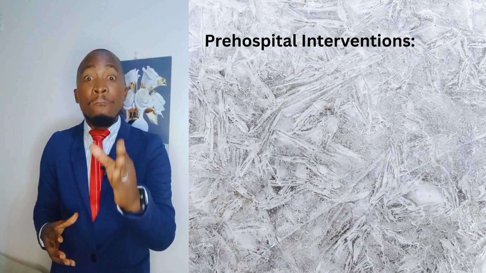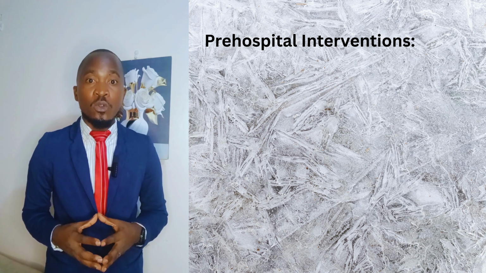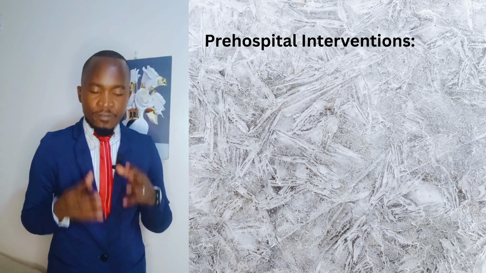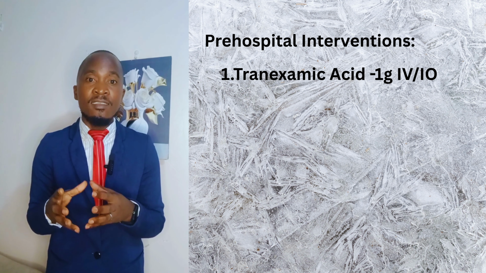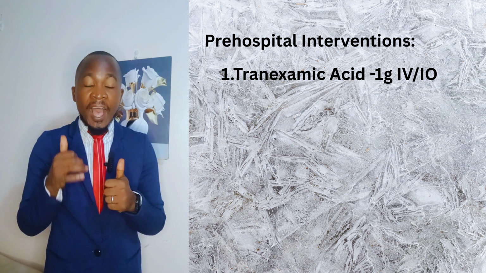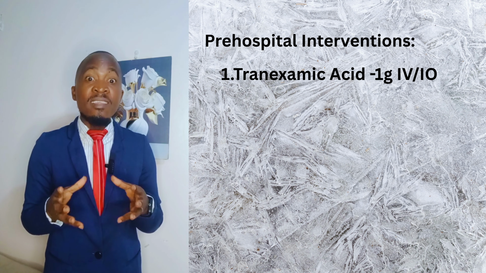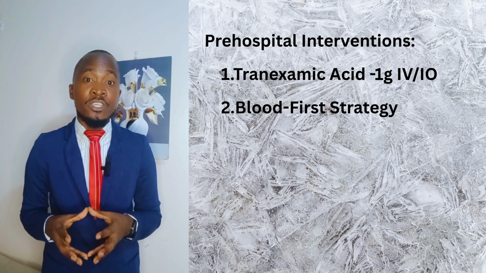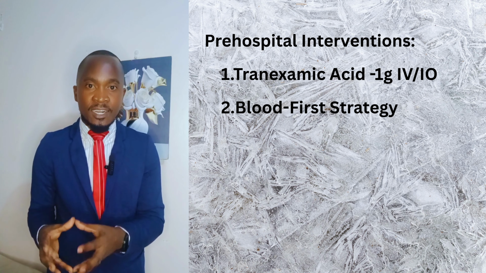What are the recommended options that you have in the pre-hospital setting? One of the first strategies to fight this is to give tranexamic acid or TXA, and the dosage is 1 g, IV or IO, recommended within the first 3 hours of the injury. The second strategy is the blood-first strategy.